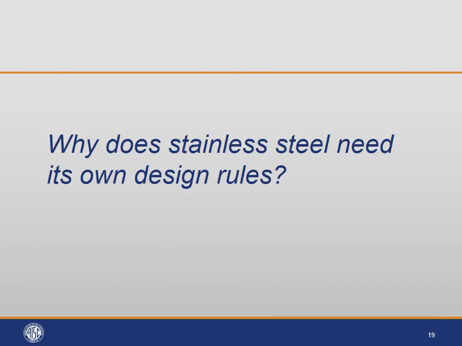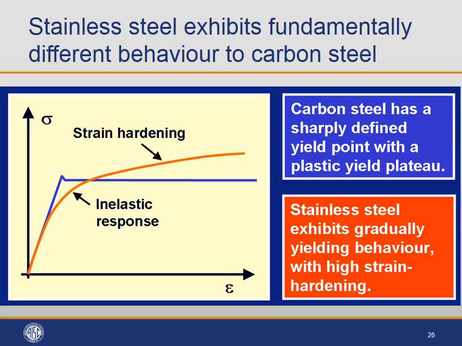Let's move on now and discuss why stainless steel needs its own design rules in the first place. Looking at the stress-strain characteristics, you can see carbon steel, shown in blue, has a sharply defined yield point with a plastic yield plateau.